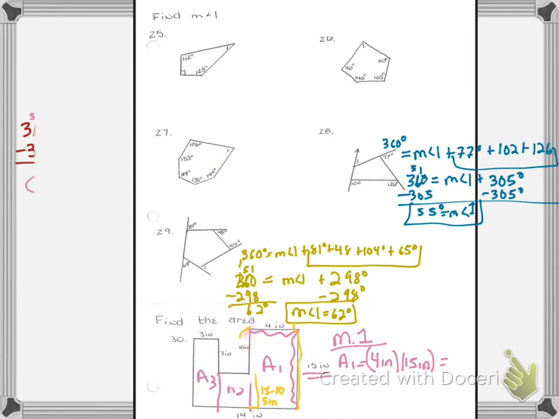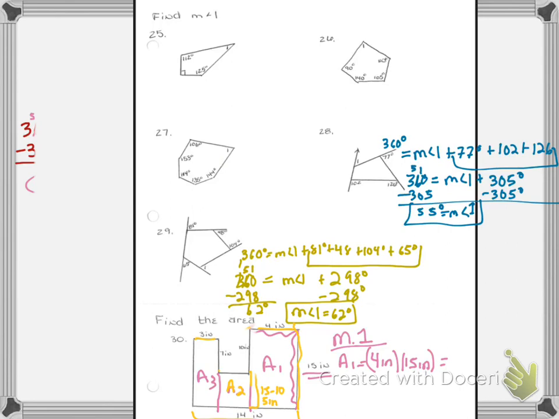I'll erase some of that so it doesn't look as confusing. So we end up with the 5 inches of our height, and then we need to figure out our width. Well, you know the total width here is 14, and then you know the two top parts here are 3 and 4. So the part that we don't have accounted for has to be the part that's not those two.